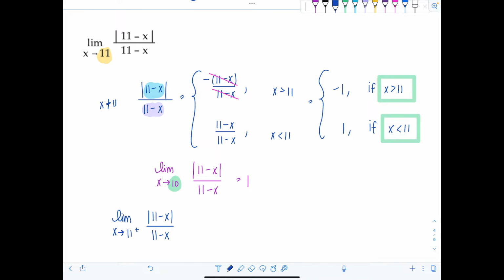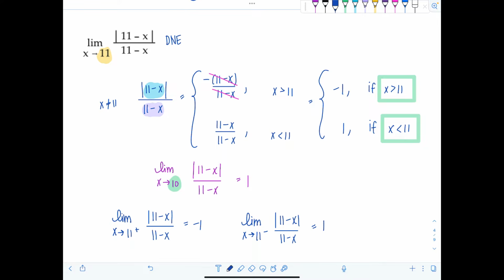It's just a constant. And then if we approach 11 from the left, from values smaller than 11, it's positive 1. Lovely. So what does that tell me about the two-sided limit? Well, the limit from the left doesn't equal the limit from the right, so this limit doesn't exist.